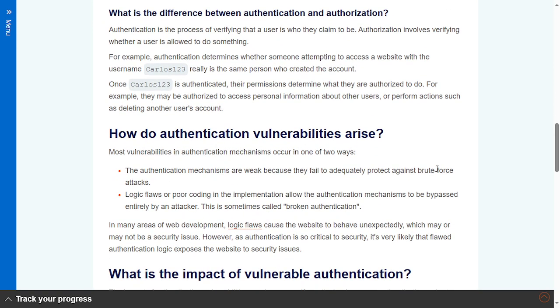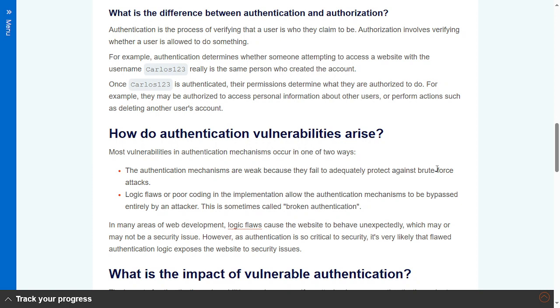What is the difference between authentication and authorization? Authentication is the process of verifying that a user is who they claim to be. Authorization involves verifying whether a user is allowed to do something. For example, authentication determines whether someone attempting to access a website with the username Carlos123 really is the same person who created the account.